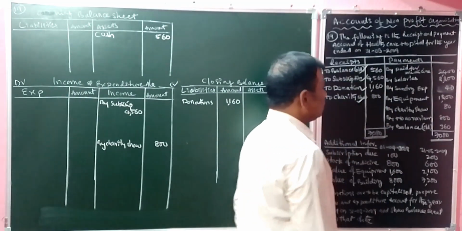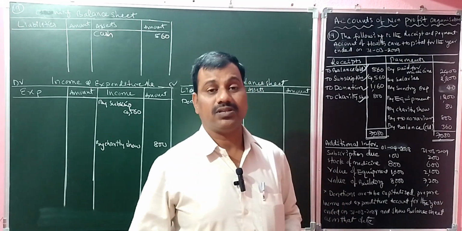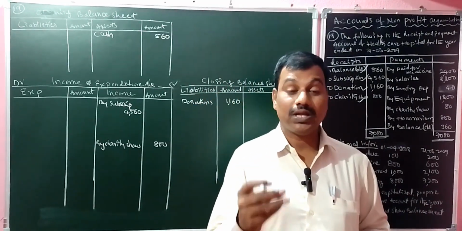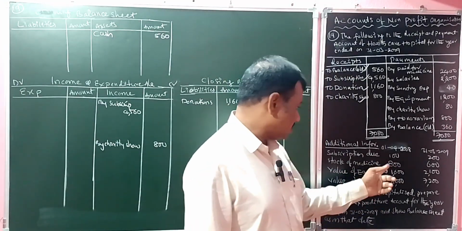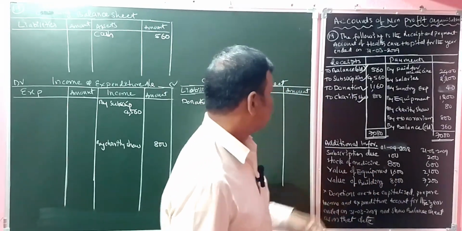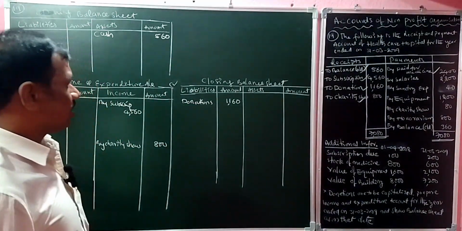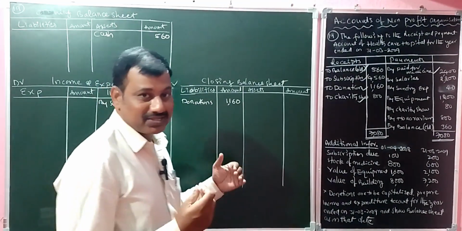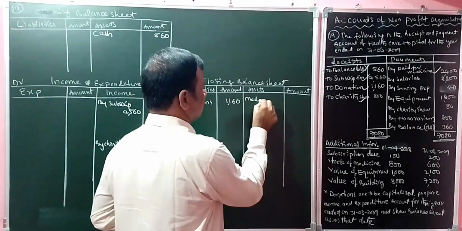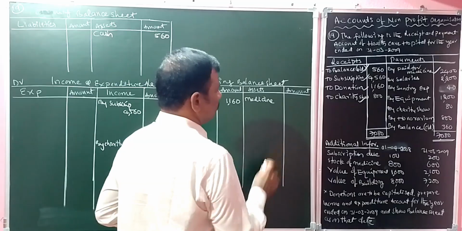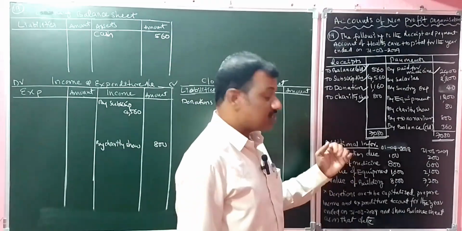Next one, paid for medicine, which means we are purchasing medicine. Purchased medicine is taken on the asset side of the closing balance sheet. In the additional information the medicine value is given, so first write medicine on the closing balance sheet asset side with the additional information value.